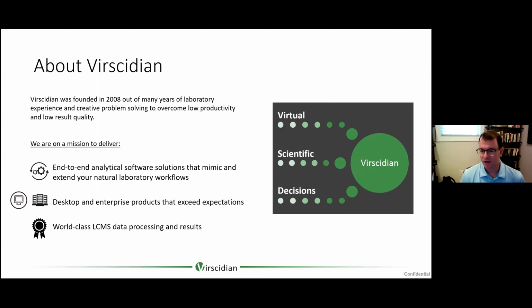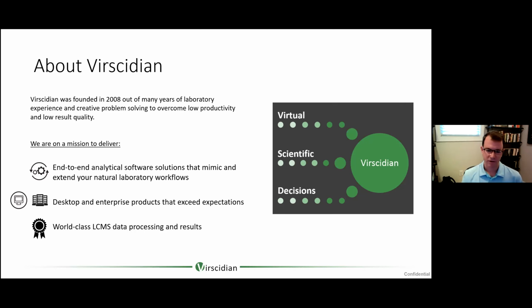So I want to give you a quick introduction to who Virscidian is. We were founded in 2008, out of years of experience coming up against roadblocks that scientists were experiencing in their day-to-day work with data and their experiments.